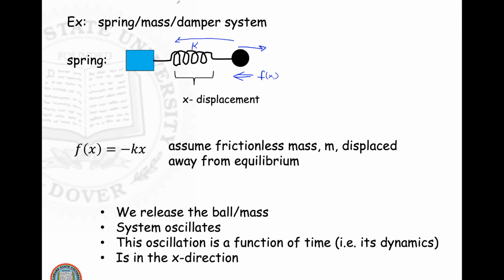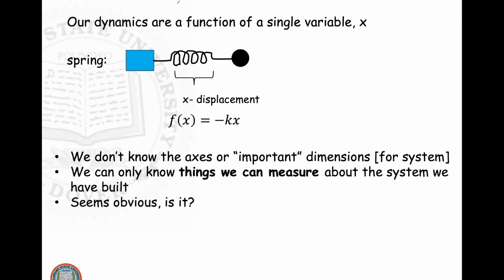And so this oscillation, i.e. its dynamics, describes how the state of the spring mass damper system proceeds over time. And so we know that this is in the x direction. It's along one vector, if you will, in a perfect system. And so our dynamics are a function of a single variable, in this case, x, but we don't really know.